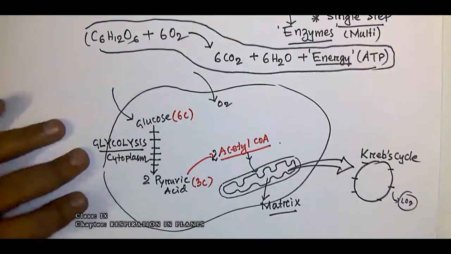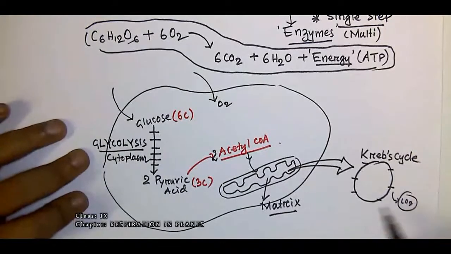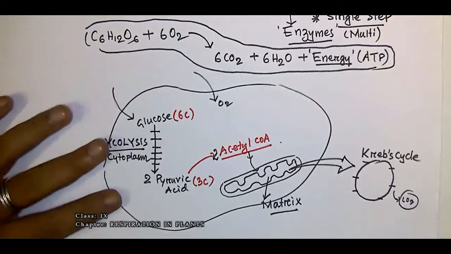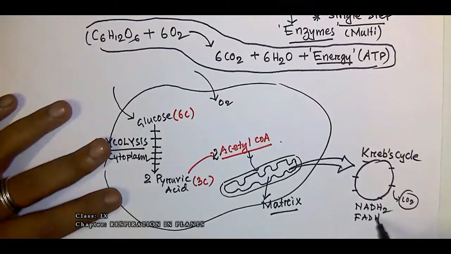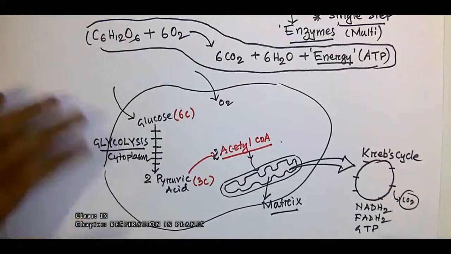Now next, what is going to happen, please understand. In this process you will get some reduced coenzymes formed, for example NADH2 will be formed, then FADH2 would be formed, right? GTP would be formed. It's sort of like the sister of ATP.